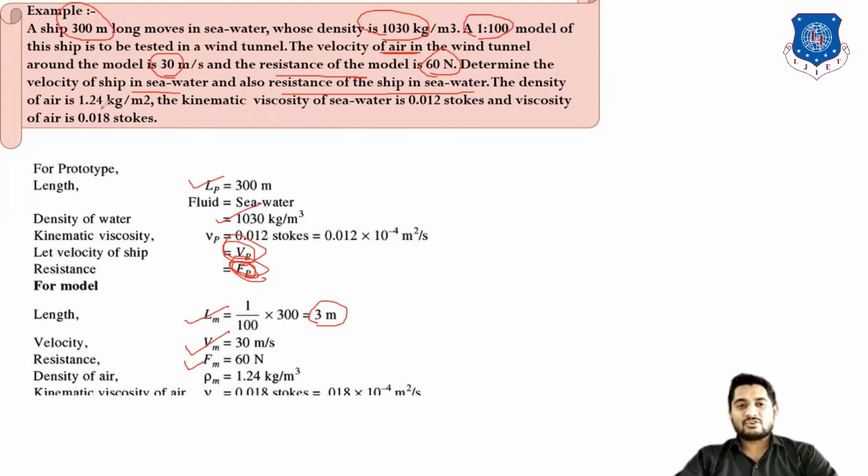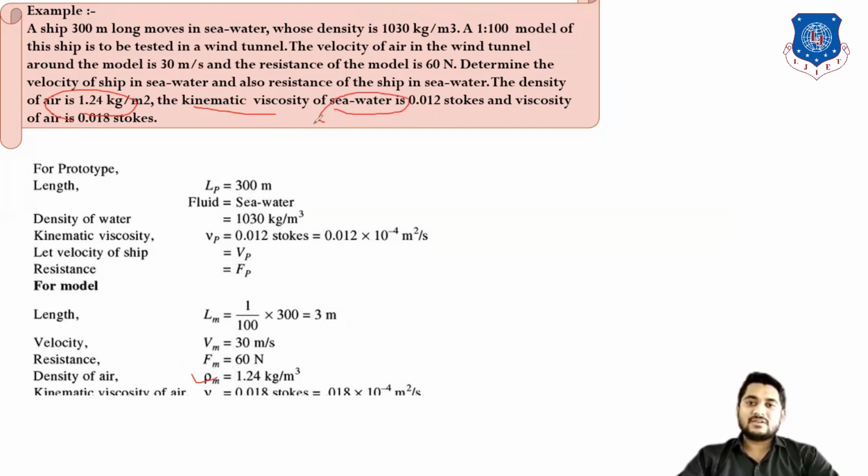The density of the air, for air that means model, the density of the model rho m is equal to 1.24. Kinematic viscosity, that will be nu, in meter square per second. For seawater, that means for prototype, 0.012 stokes.